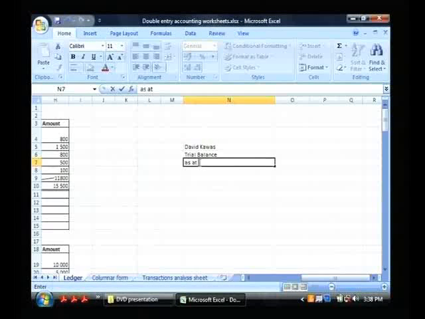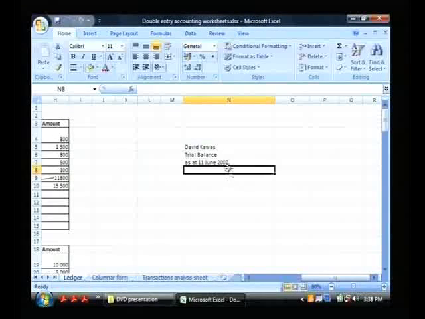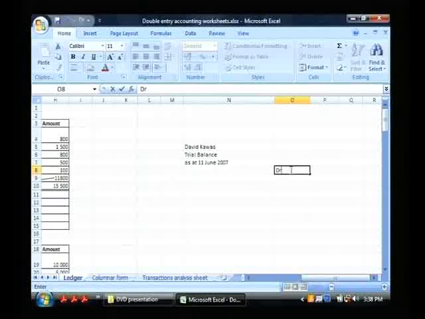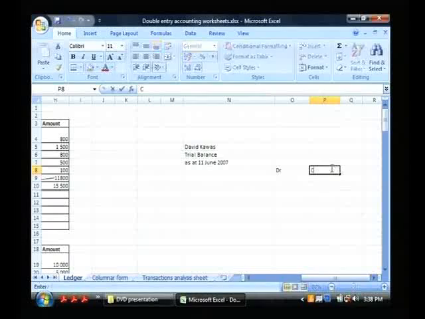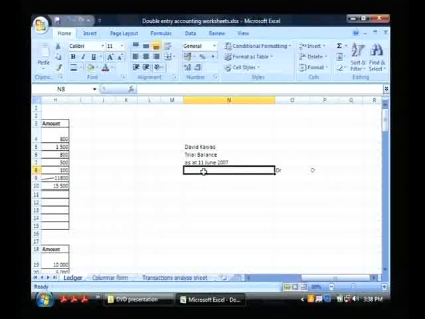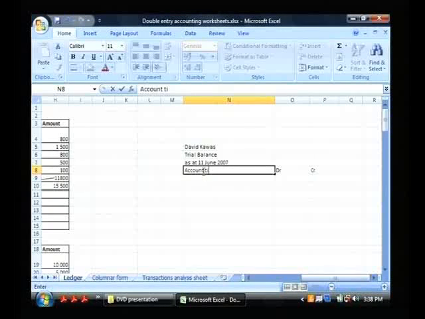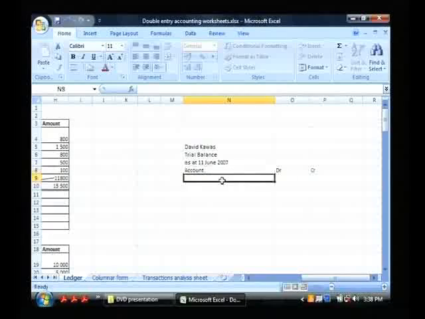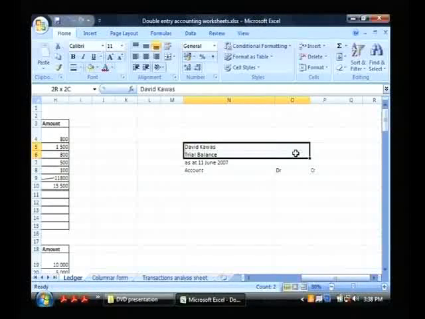So this is as at 11th June 2007. And here the debit balances, credit balances another column, and here account title. When you say account, it is the account title.